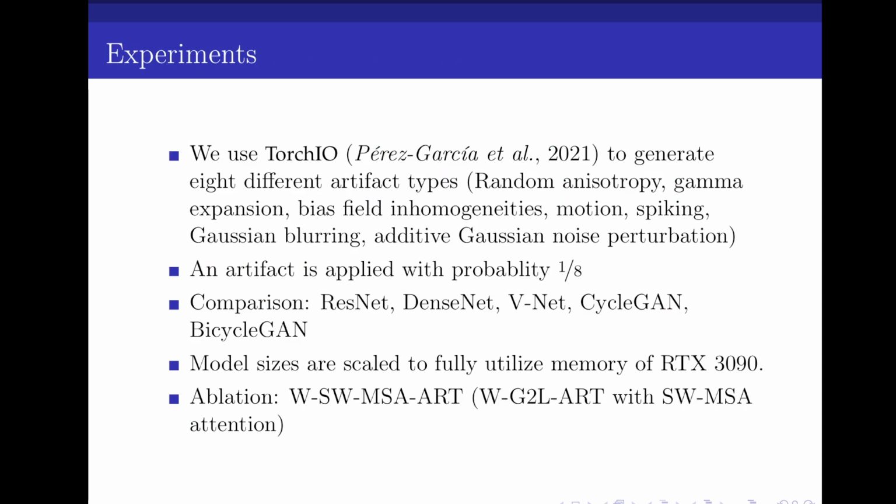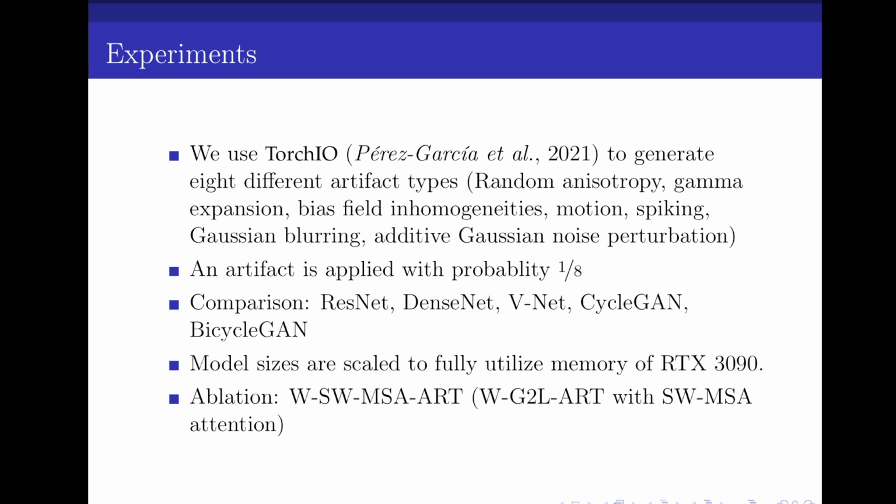We have done a couple of experiments to show how well our method performs. We used TorchIO, which is an MRI artifact simulator, and we decided to synthesize 8 different artifact types. We apply each of these artifacts with a probability of 1 divided by 8, and therefore it can happen that multiple artifacts are active on an image. We compare our method to established methods such as ResNet, DenseNet, VNet, CycleGAN, and BicycleGAN.